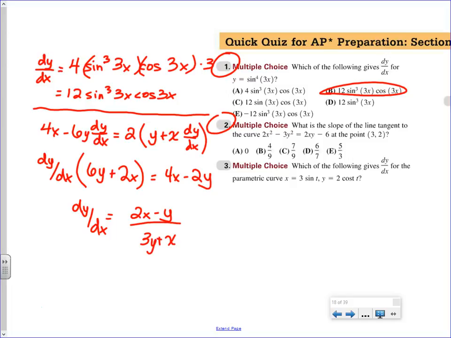There's some legal simplifying. No kittens were killed in this process. When I plug in 3, 2, the final answer should be 6 minus 2, which is 4, all over 6 plus 3, which is 9. You guys agree? Yeah. Oh, you brought it at 2. I didn't do that. You didn't have to, but it just made the mental math easier in the end.